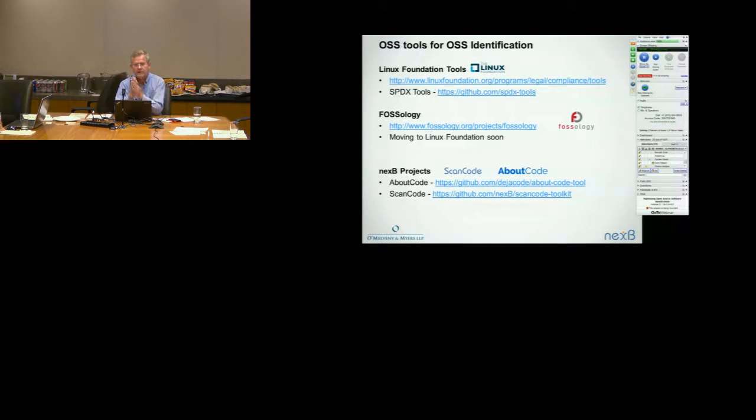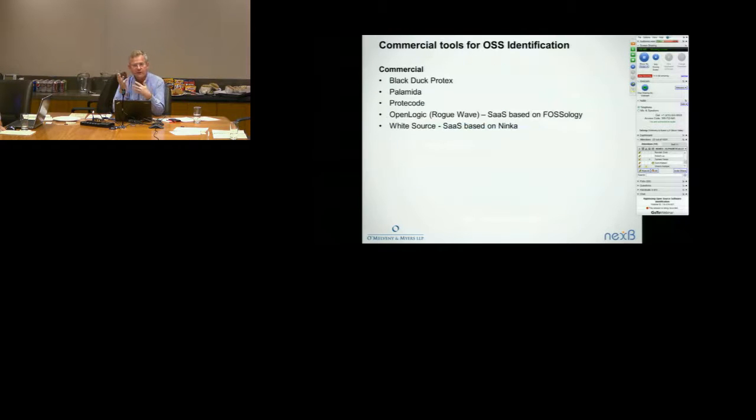Now, an interesting point, which is what Heather was telling too, is that most of these open source tools today are focusing on scanning. That means looking at evidence. In contrast, if we look at some of the commercial tools available, their primary concern is matching, though Palamida and some of them also include some of these open source tools as part of their approach.